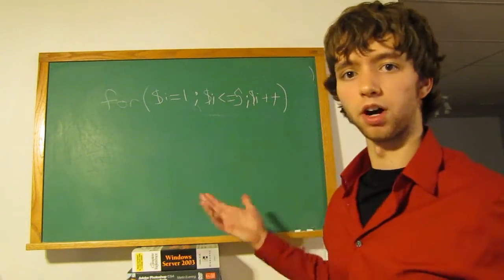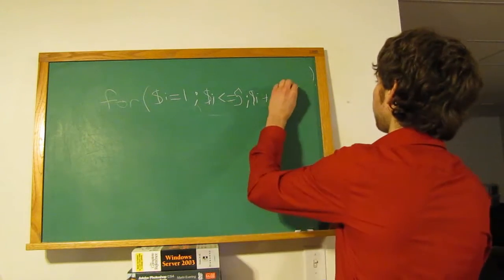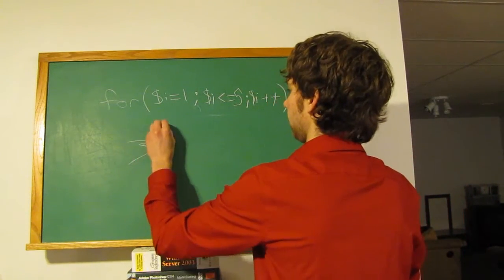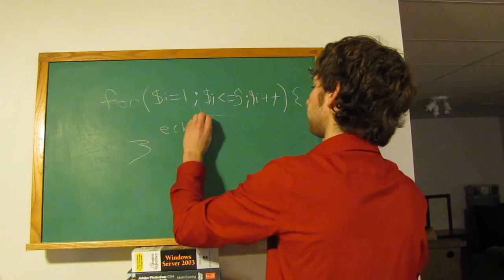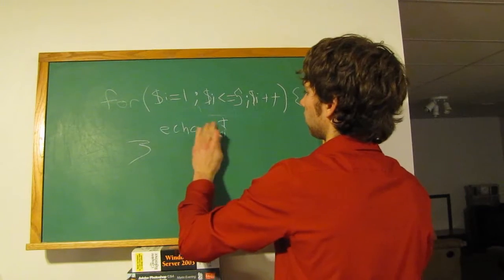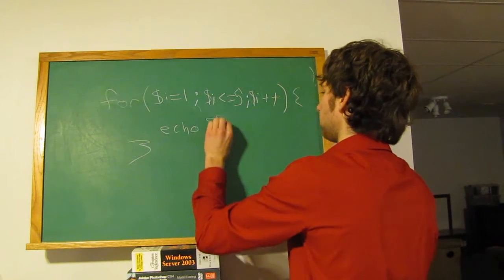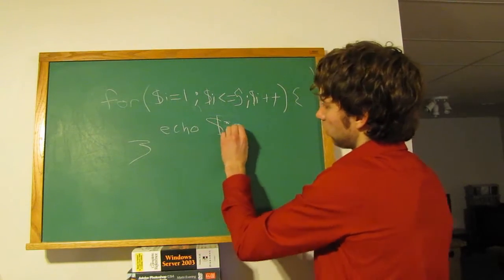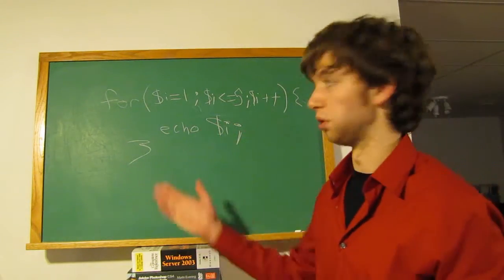So here's our final thing here. Then we have curly braces and something to do. We're just going to echo the value of I.